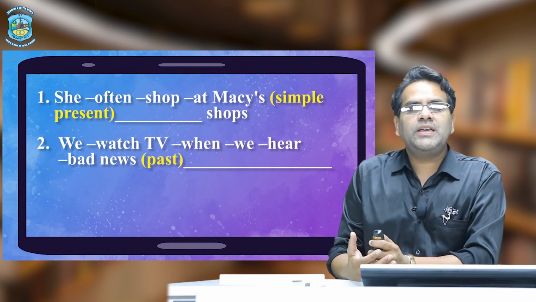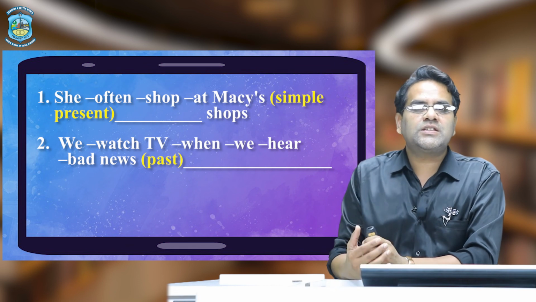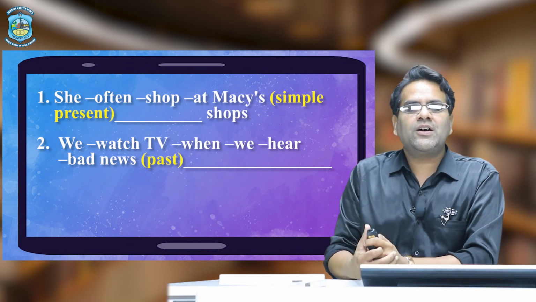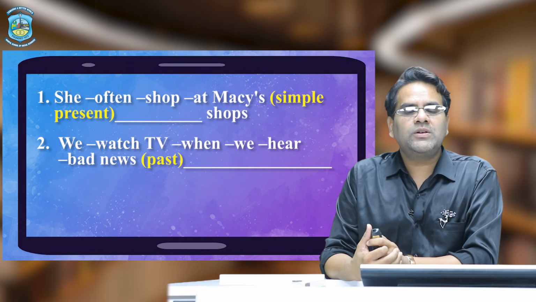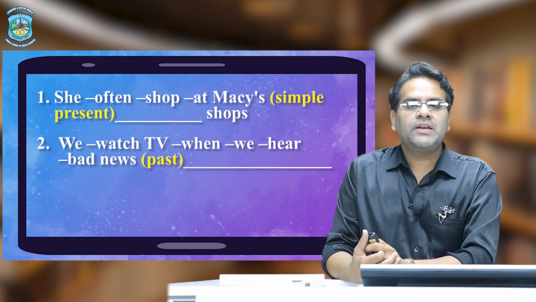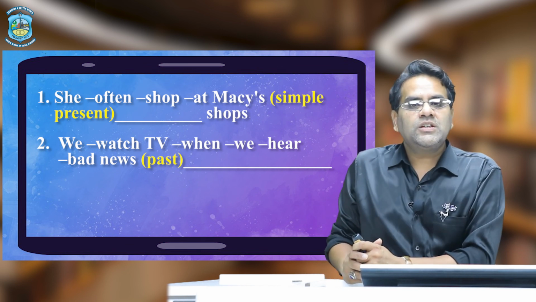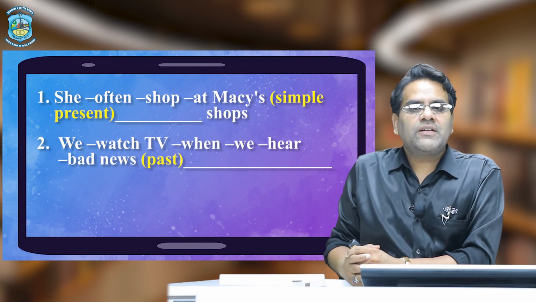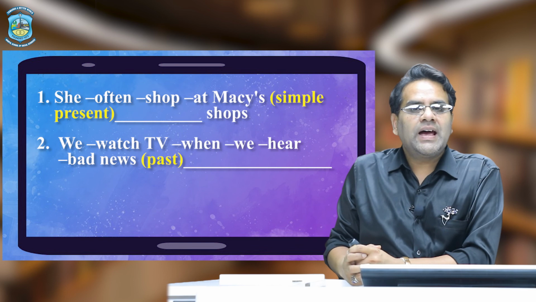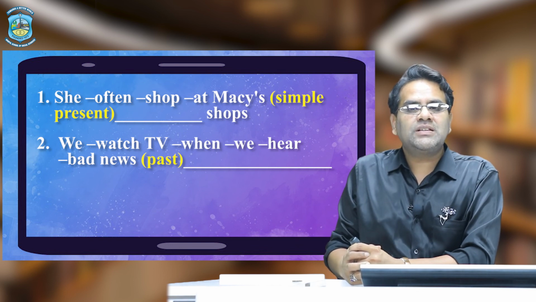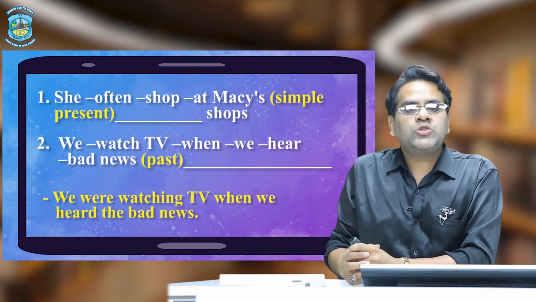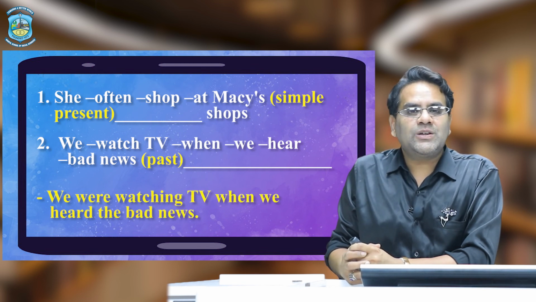For example, if we begin with these situations down below, you will have an immediate taste of how these examples need to be done. For example, we watch TV when we hear bad news. I put this entire statement into past form. How can we change it now? We were watching TV when we heard the bad news.